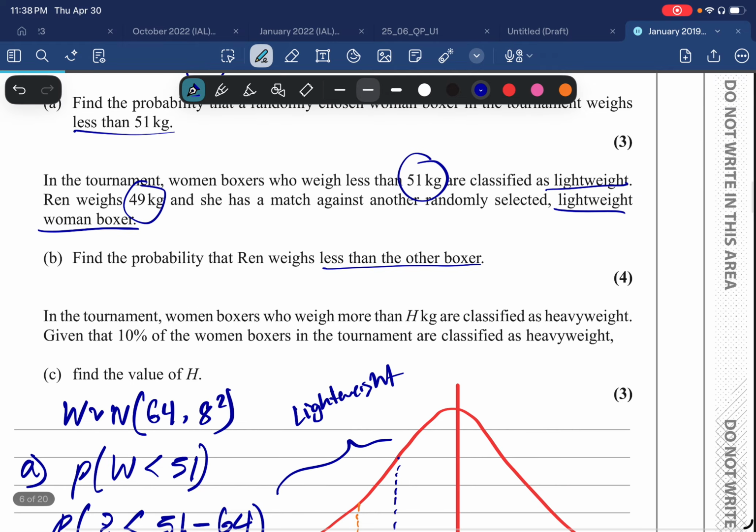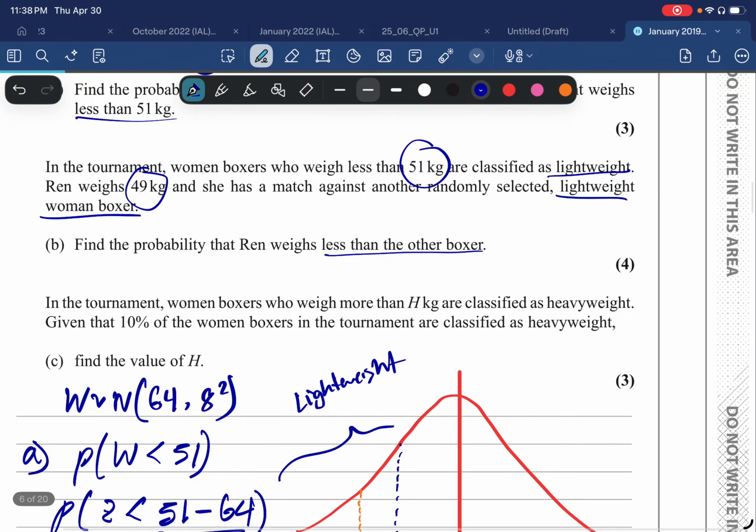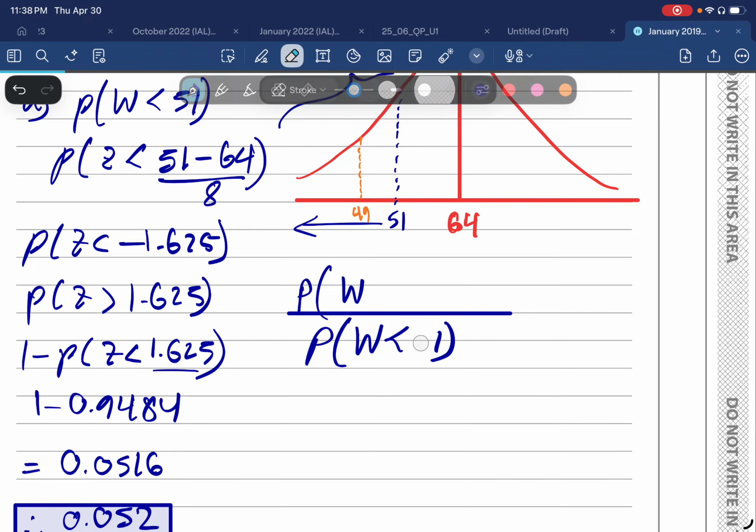Let's draw this out. We know for a fact that the other boxer is going to be less than 51, without a doubt.